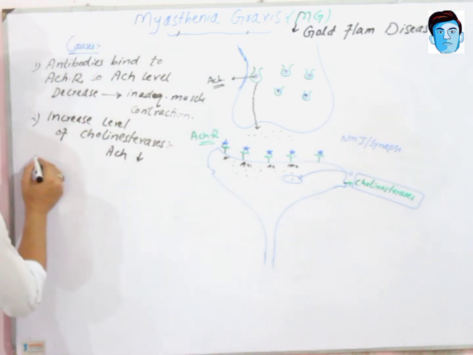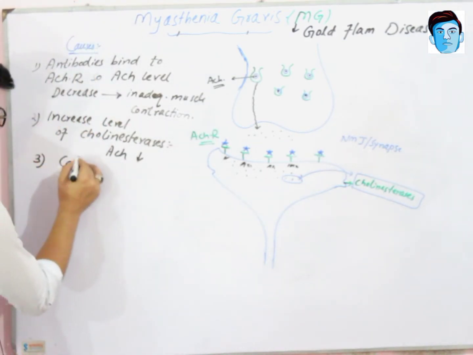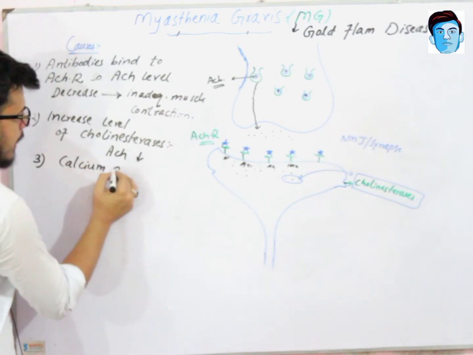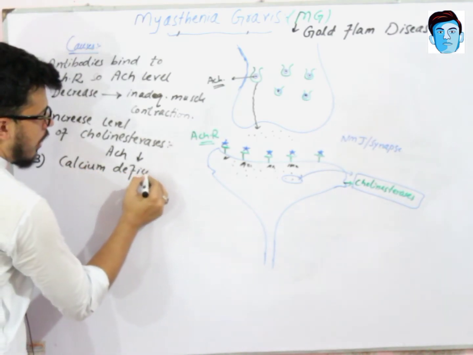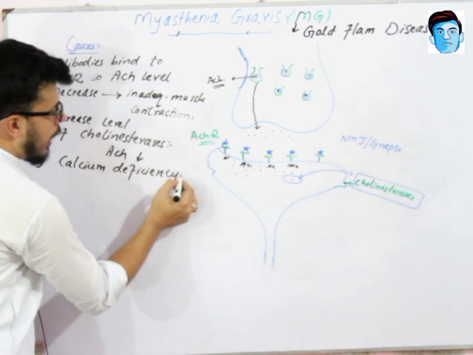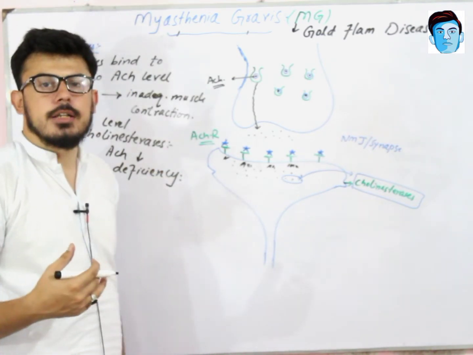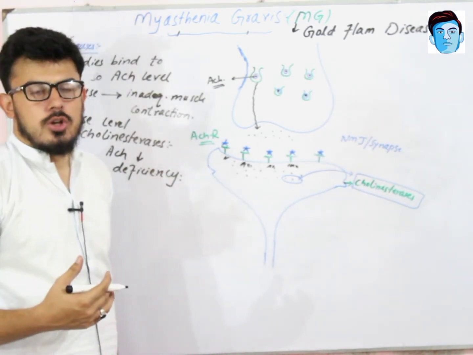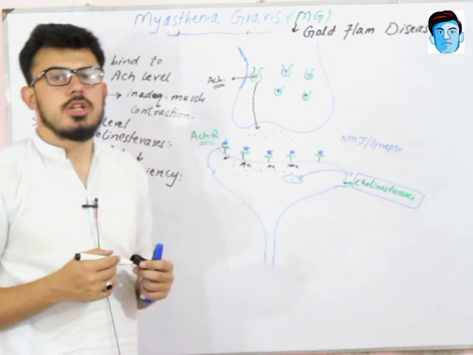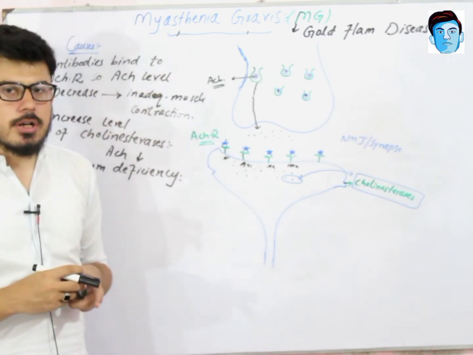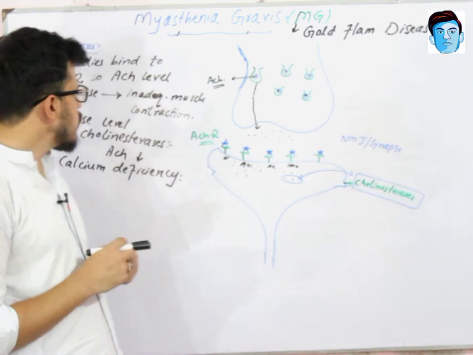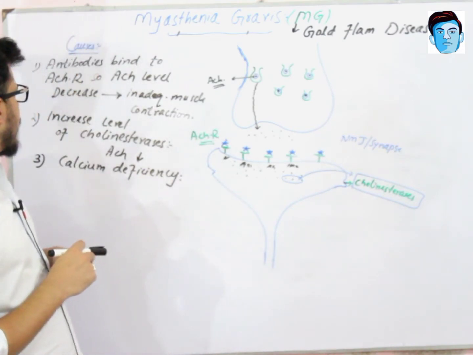Thirdly, calcium deficiency also leads to myasthenia gravis. Why is it so? Because calcium helps in impulse transmission. If there is calcium deficiency, the impulse is not transmitted properly, so it is also very important.